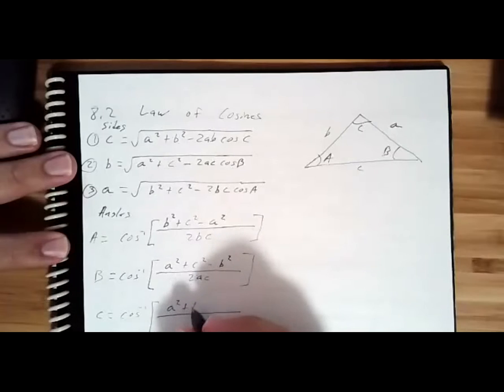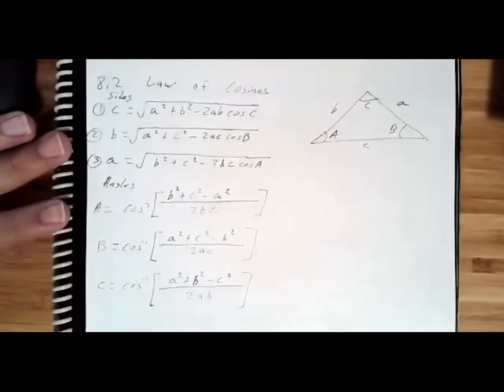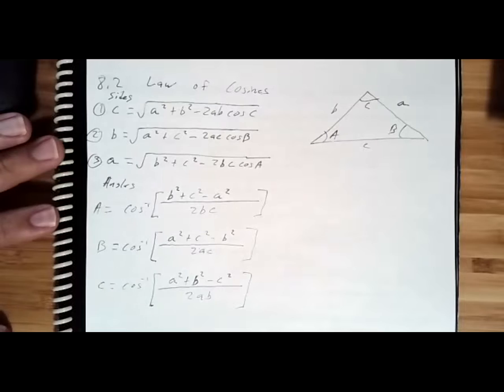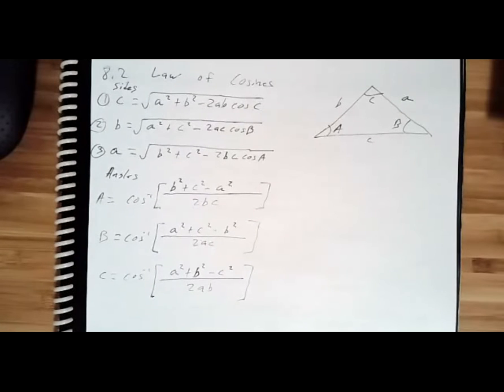Then a squared plus b squared minus c squared over 2ab. Okay. So those are all the formulas you're going to need today for law of cosines.